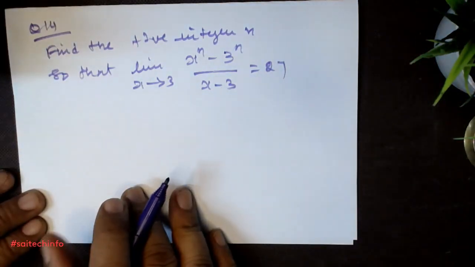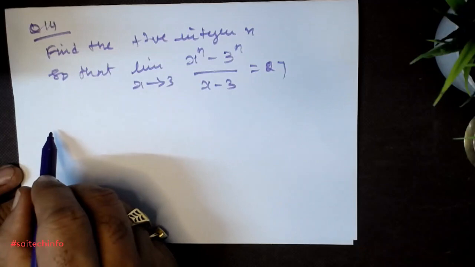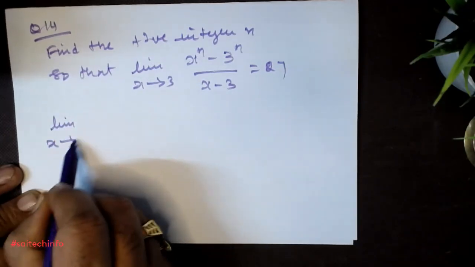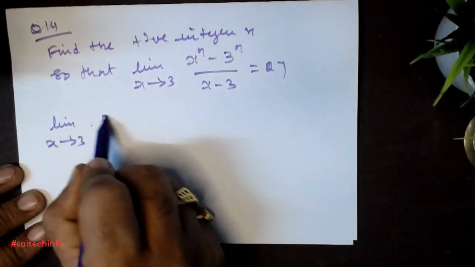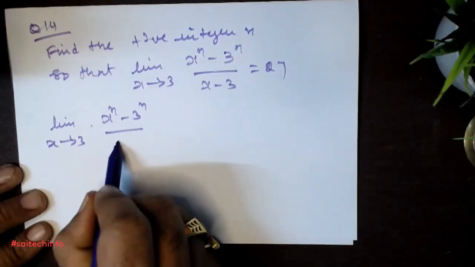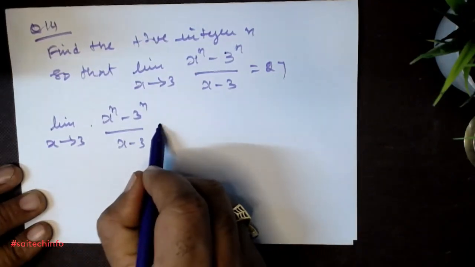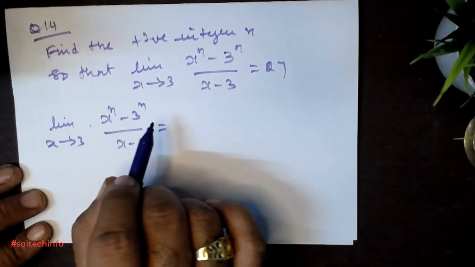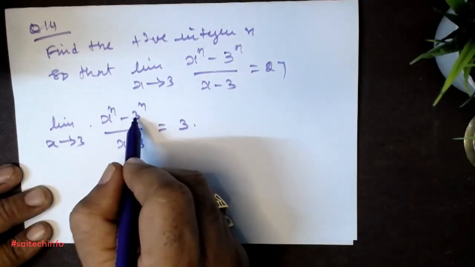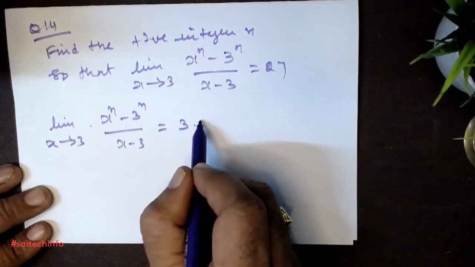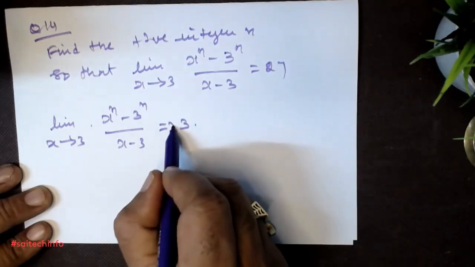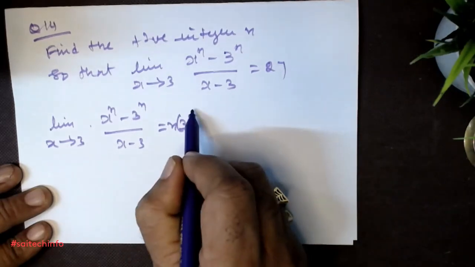Okay. So we can apply the formula. So limit x approaches 3 of x power n minus 3 power n divided by x minus 3 is equal to, as per the formula, it is nothing but n into a power n minus 1, where a is 3. So that is n into 3 power n minus 1.